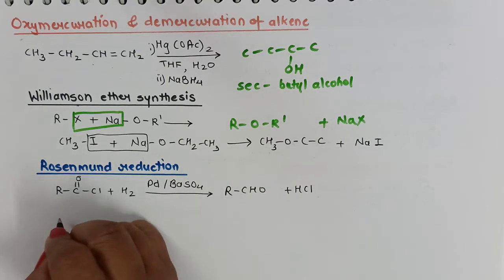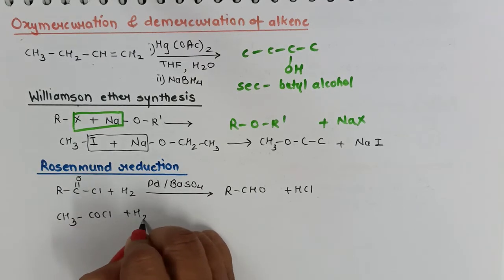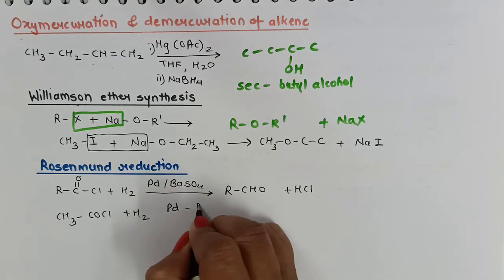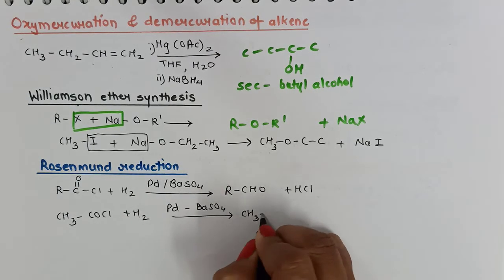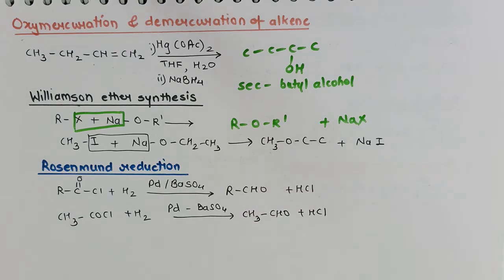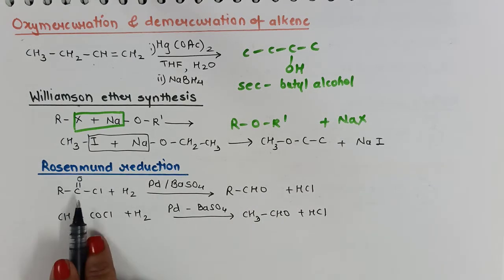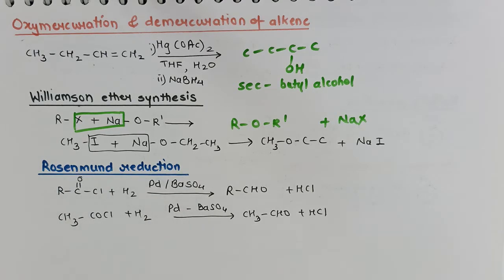For example, acyl chloride, when it is treated with hydrogen in presence of palladium, barium sulfate, we will get ethanal as the product and HCl will be the byproduct.